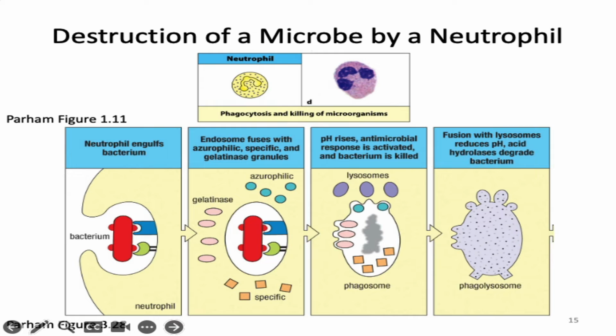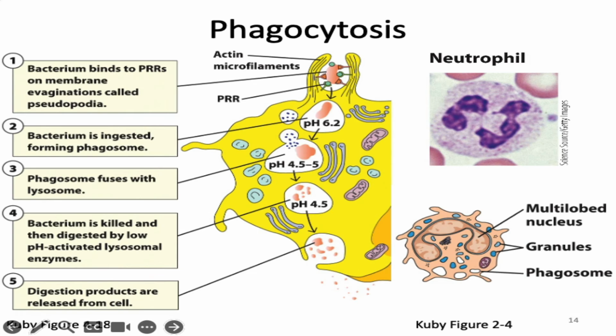Now we can completely destroy the microbe, bring it down to its individual component parts. In some cases you could even get it down to amino acids. I want to tell you on the next couple of slides about some of the specific toxic products. But before I do that, I think it's important to do one other thing in thinking about phagocytosis.